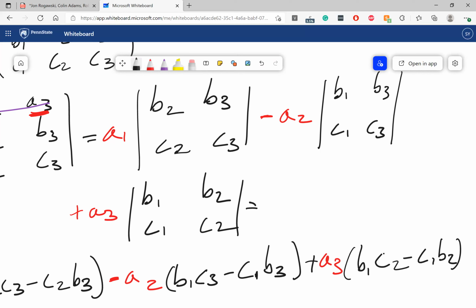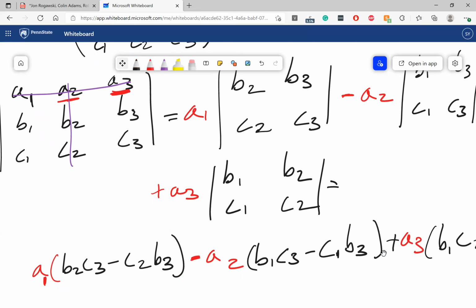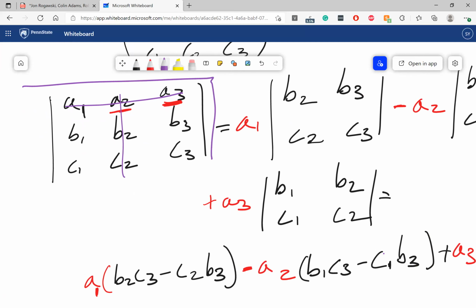And this is a number, and that number is going to be the determinant of this 3 by 3 matrix. Any questions about this?